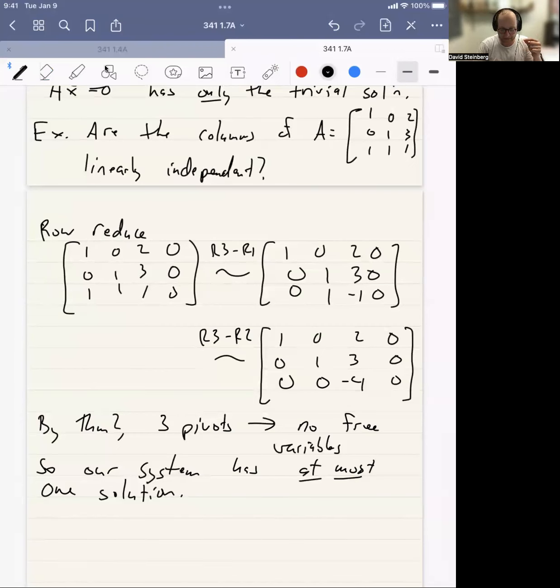So all our theorem 2 says is that since we've got 3 pivots, there are no free variables, and we can't have an infinite number of solutions. So it's either none or one, but we know it can't be none because we know the trivial solution is floating around. And so by process of elimination, there must only be the trivial solution. So we have one solution already. The trivial solution.